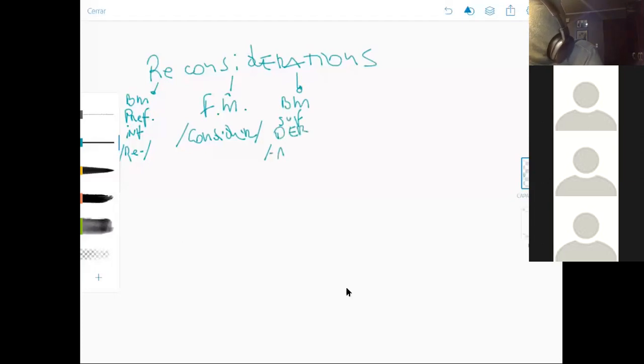And its form is like that. Then I have this another one, considerate, consideration, which is another bound morpheme. It is at the back of it.